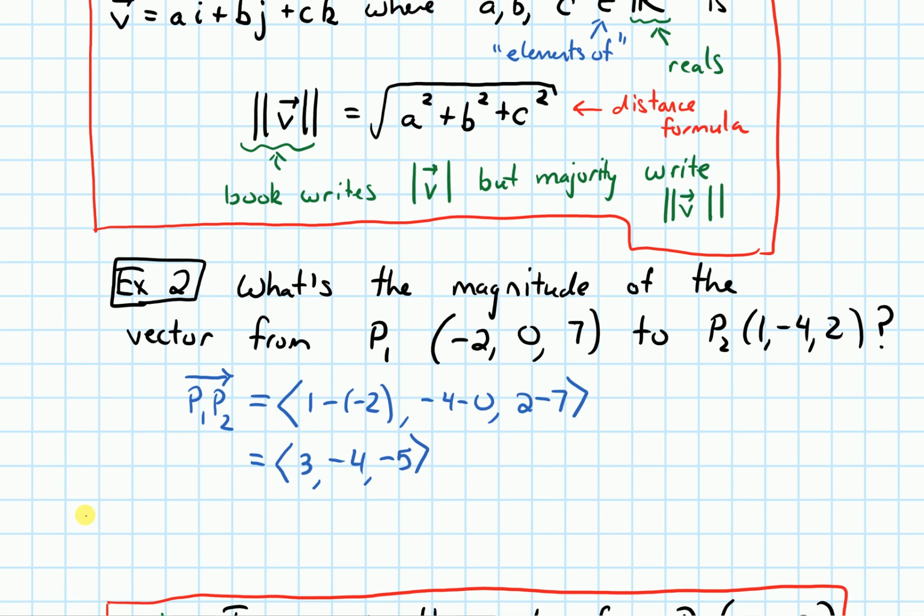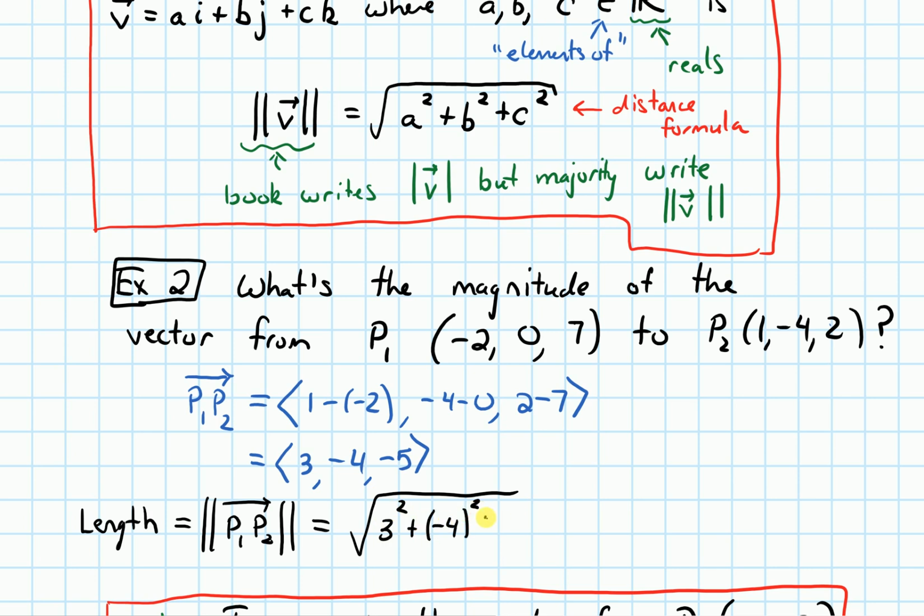All right, so at this point, we are ready to evaluate the length, because I have the vector. The length is going to be, using our notation, I write the vector P1P2 in these double bars. And the formula says I'll take the square root of the i component squared plus the j component squared plus the k component squared.